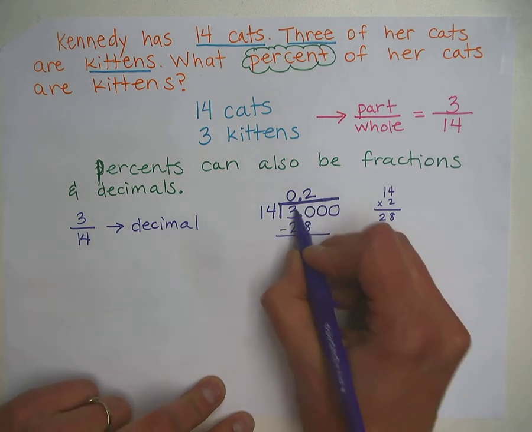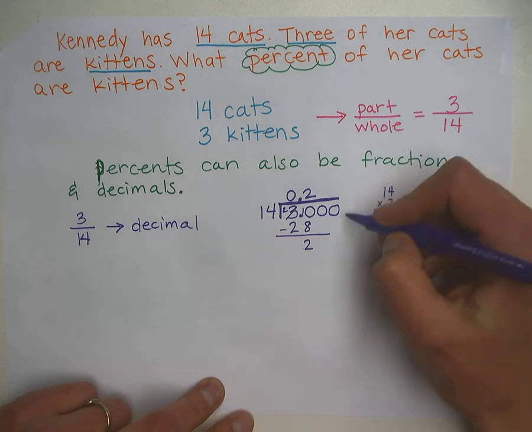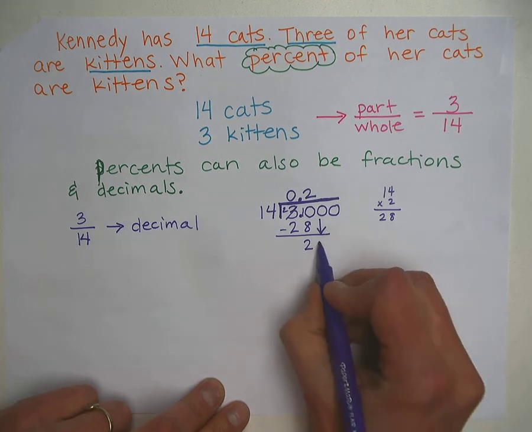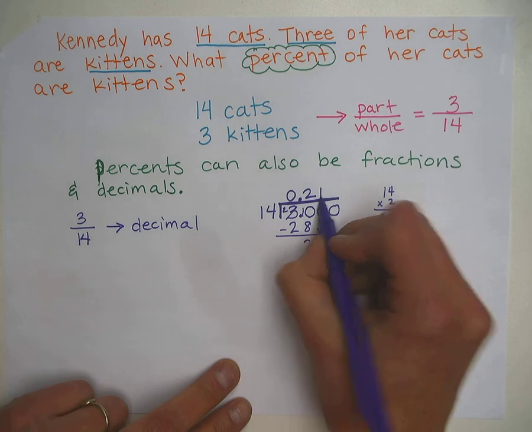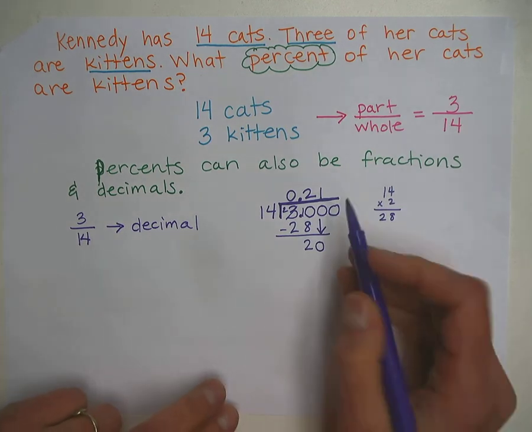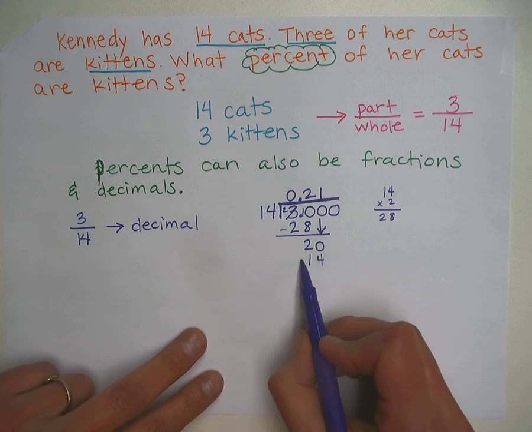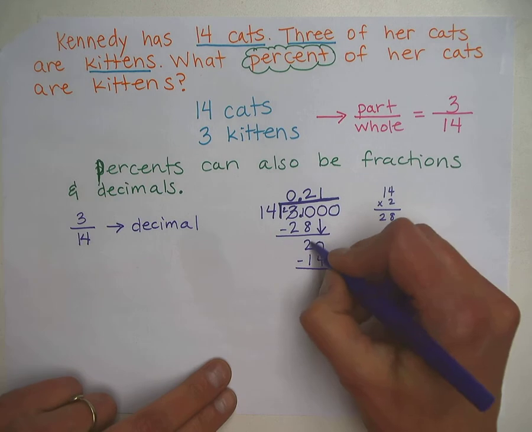Okay, and then subtract, and then we keep going. Bring down the 0. And then 14 goes into 20 once. Okay, and then 1 times 14 is 14. And then we subtract again.